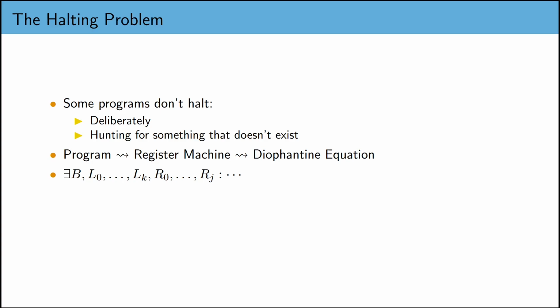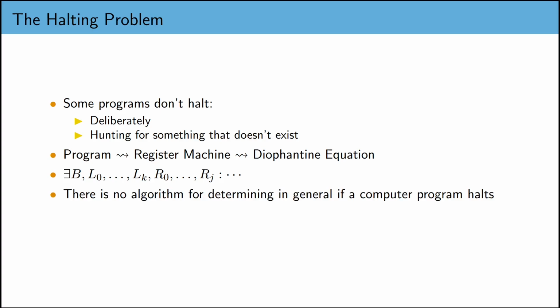If we wrote a naive Diophantine equation solver that just brute force tried all tuples until it found a solution, there not being a solution would correspond to our program not halting. Unfortunately, there is no algorithm for determining if a computer program halts that works correctly in all cases. Sure, you can sometimes detect infinite loops, but it can't be done in general.